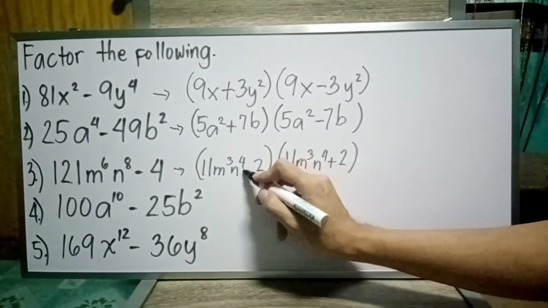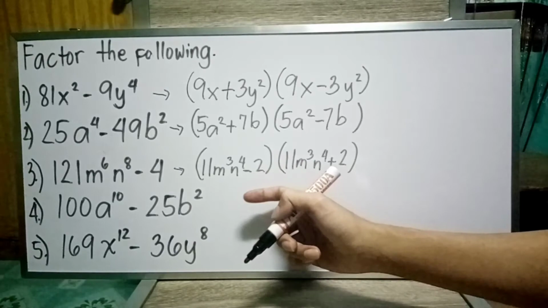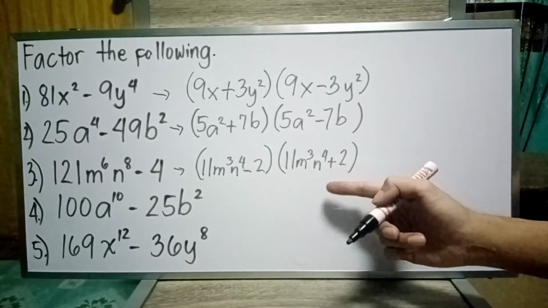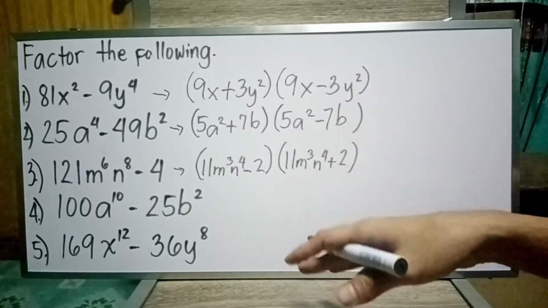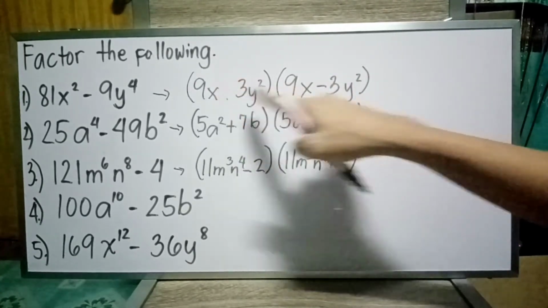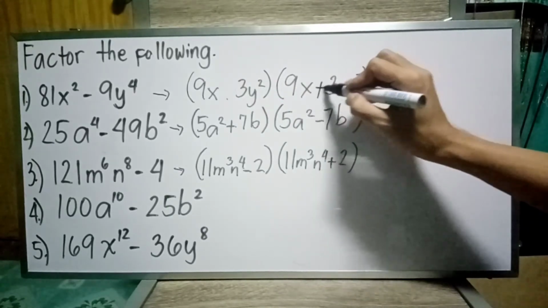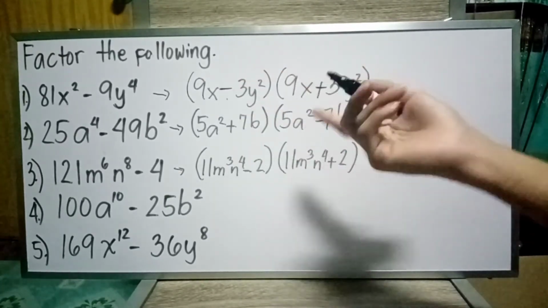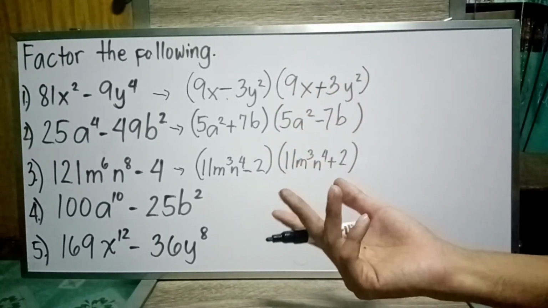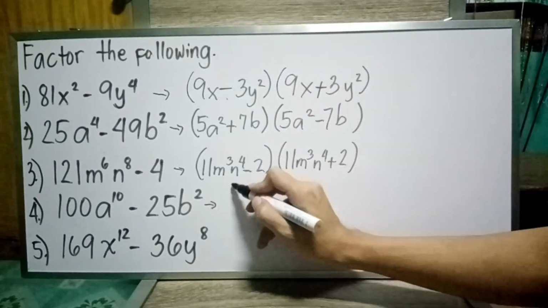Okay, it doesn't matter if you put minus here and then addition here. It doesn't matter because the answer is still the same. If you put, for example, addition here and minus here, it's okay. It doesn't change the answer. It's still correct. Okay, next.